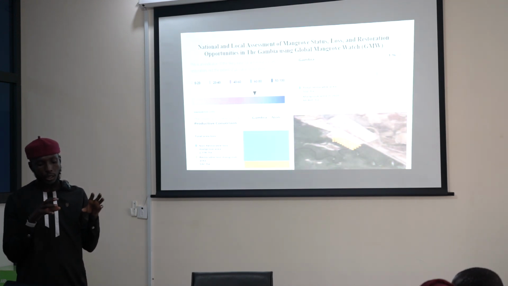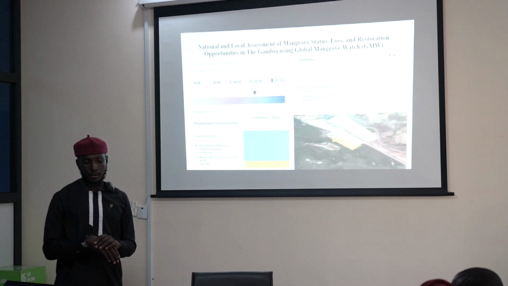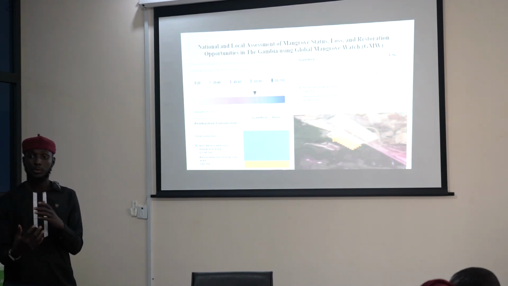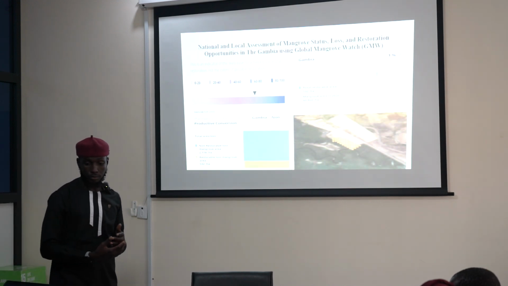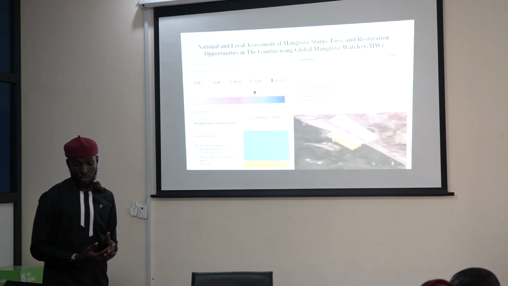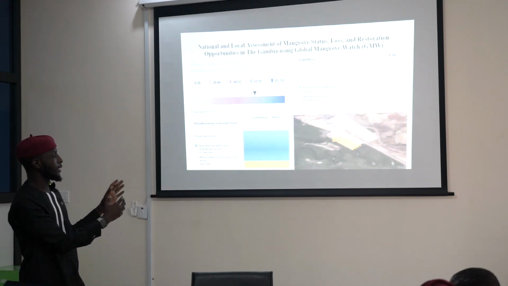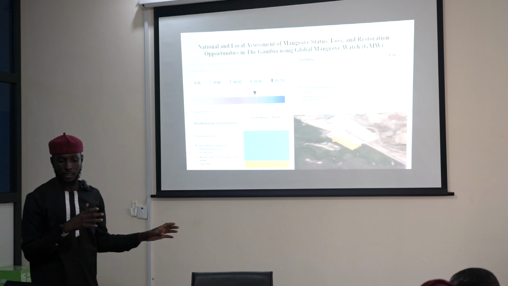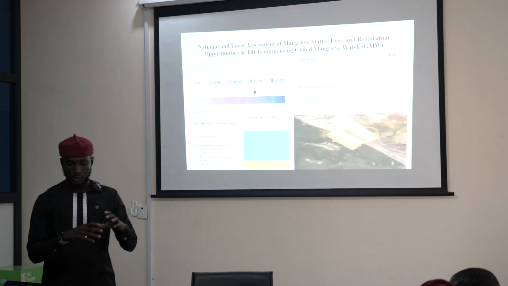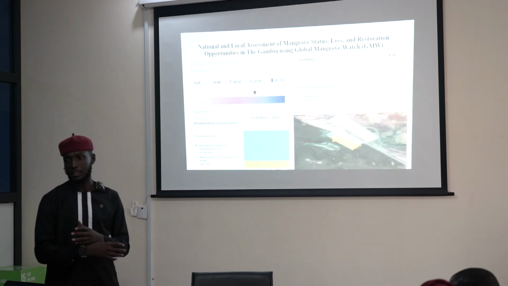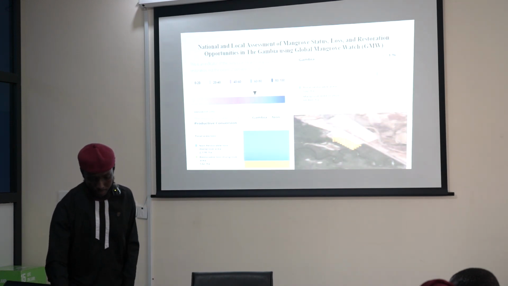With the destructions, some are recoverable and some are not. For example, when we zoom into one of the disturbances around the Banjul area, you see that there is a construction there, which is like an area of no return. The construction is already there, so we cannot recover the mangroves again.